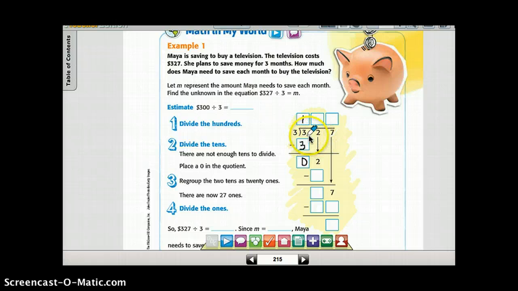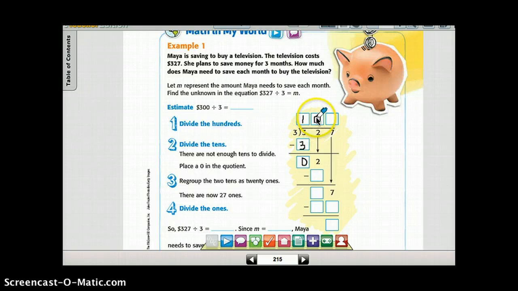No, and we can't look at it as 32 because we already got rid of this 3. We already used that. So what we're going to do here is 3 does not go into 2, so we're going to do 0. Because you might think we could just skip, like sometimes if it can't go into 3, we skip and make it 32. You might think we could just make it 27, but that would leave a blank spot here. So we have to put that 0 there.